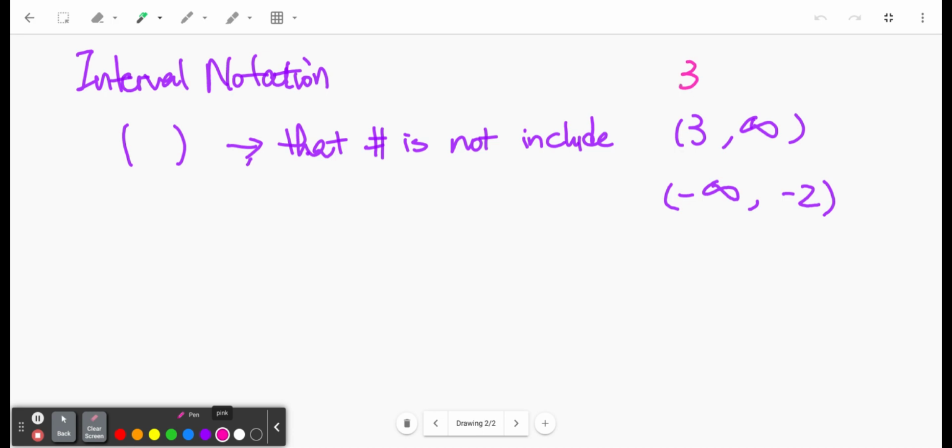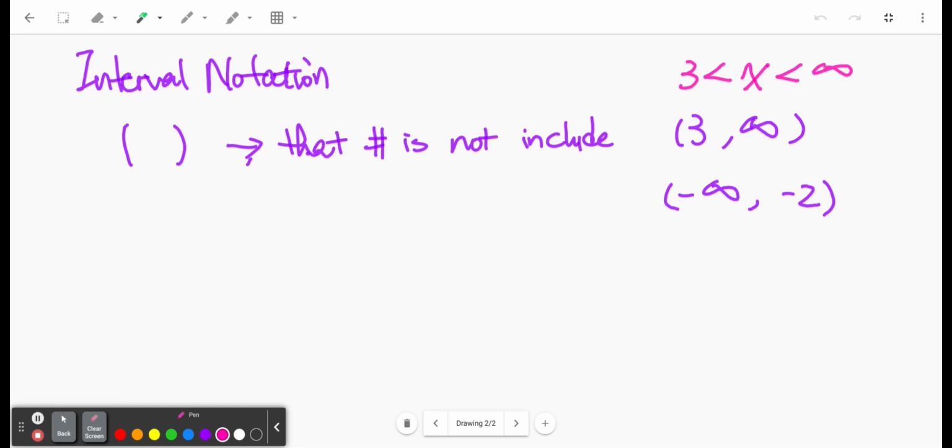However, that number 3 is not included in the set. So it will be bigger than 3, and then the largest number will be infinity. Whenever you see an infinity, it will be a parenthesis next to it because we don't have a set number. If you see this notation, you see 2 numbers. The first number is always the lower range. The second number is always the larger.